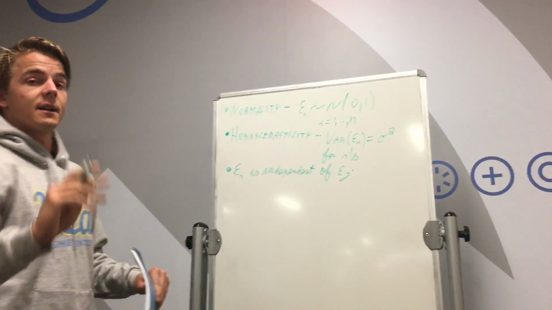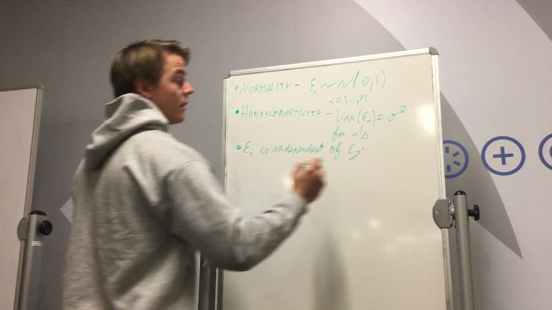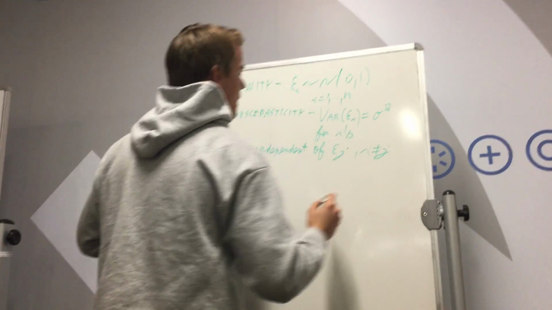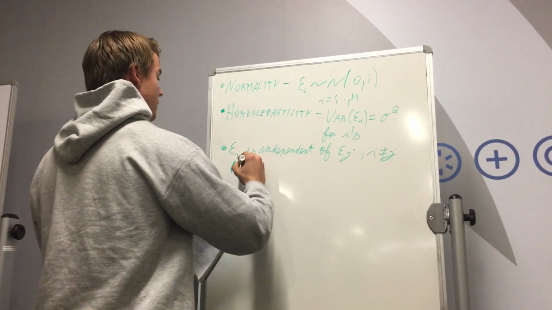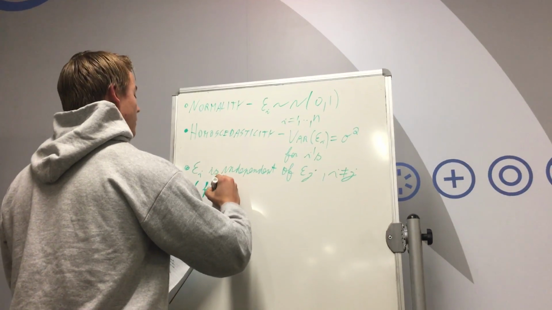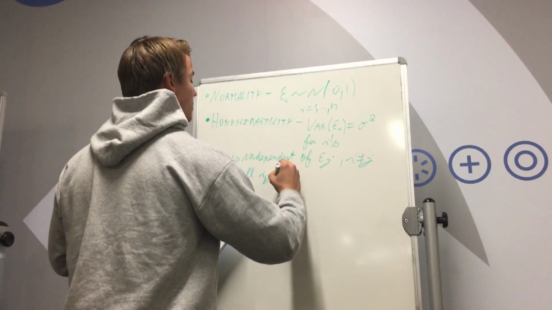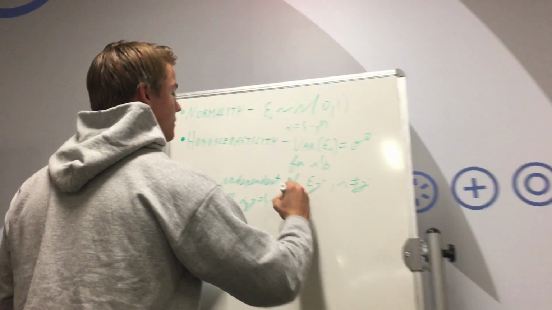And it's important to say that i does not equal j, and this holds for all i, j equals 1 to n.